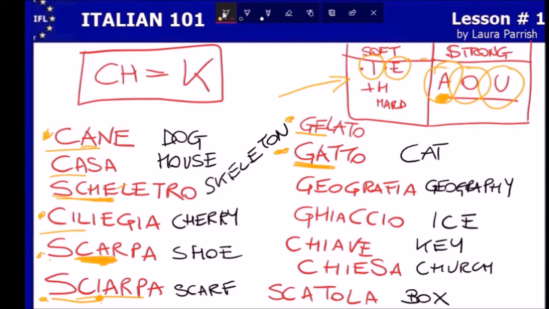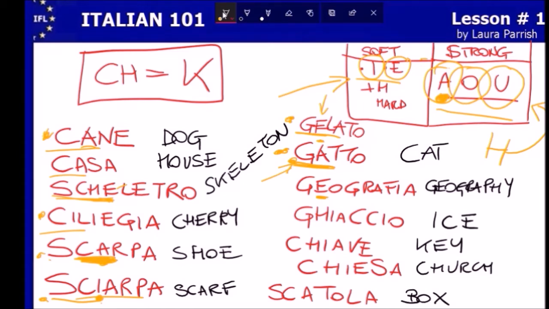Ga, J. Is the same letter here, but this is a soft vowel. So you read gelato. Here instead it's a strong vowel, so you read gatto. So that's the difference. 3 strong vowels and 2 soft that make the sounds soft or strong. And then there is only one other thing to remember, that the letter H is always strong. That's it.